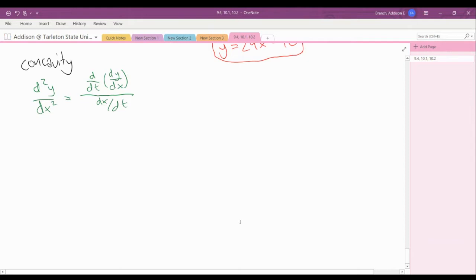All right, so now let's go ahead and do our, yeah, we have time for an example for this one. This one is going to be when is the curve concave up.